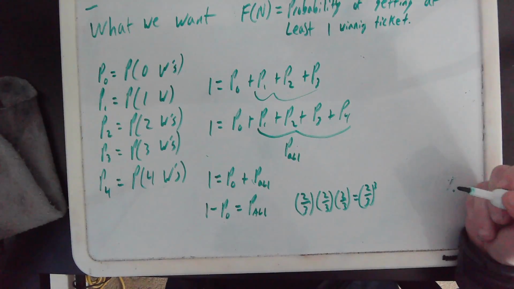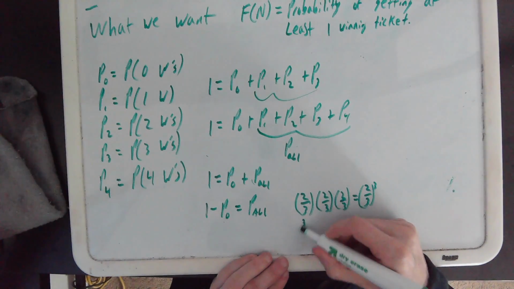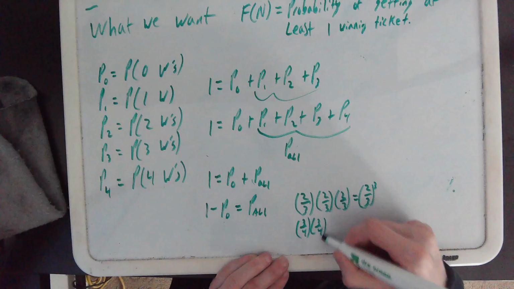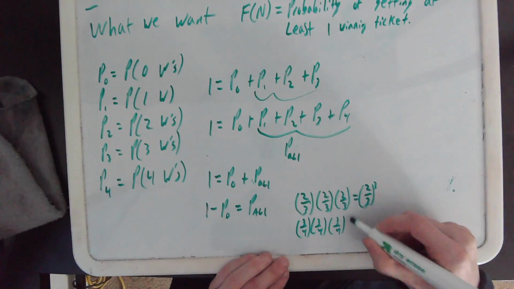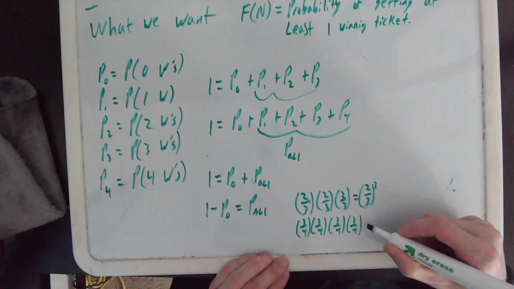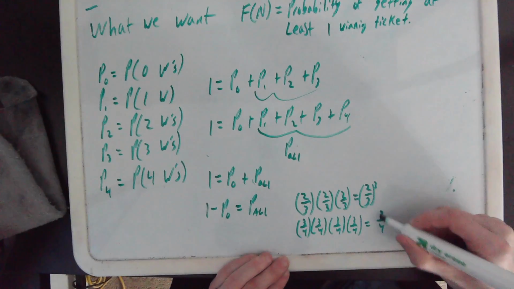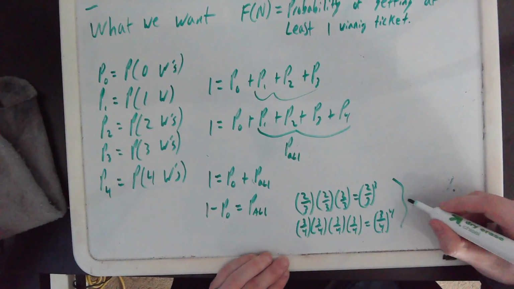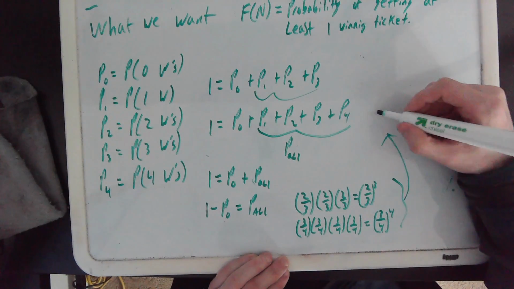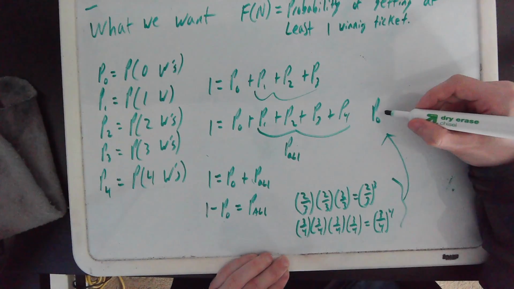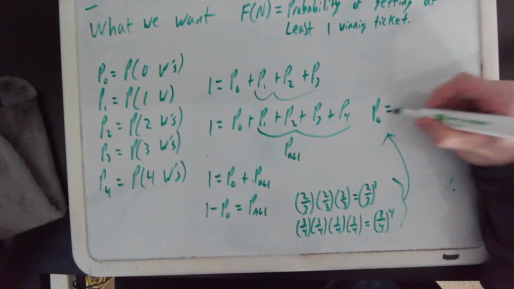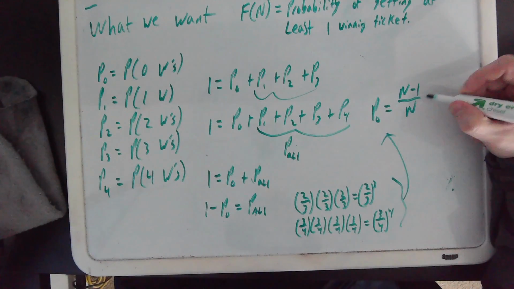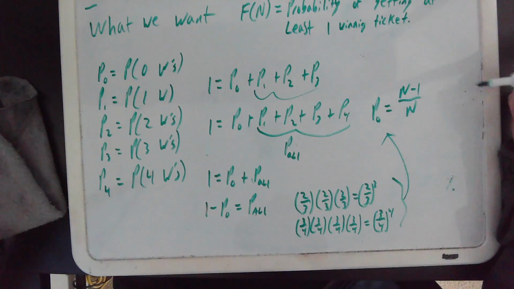And for the case of n equals 4, it would just be a 3 out of 4 chance of losing, 3 out of 4 chance of losing, or another way to write it is just (3/4) to the 4th. And in general, for any value of n, the probability of getting exactly 0 wins is going to be (n minus 1) over n, because the probability of winning is 1 over n.